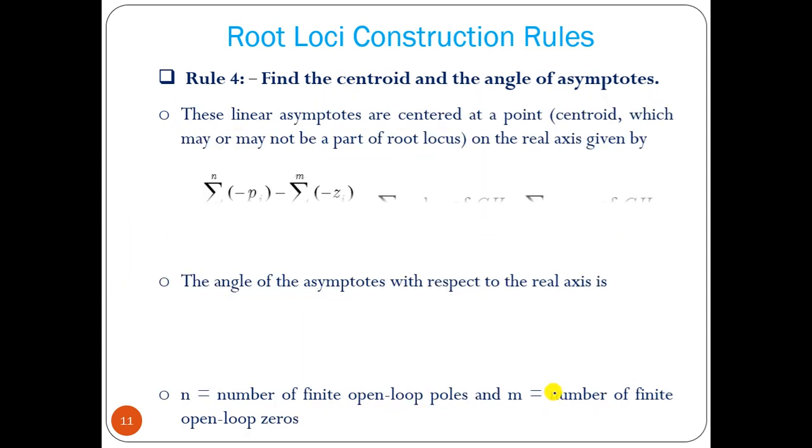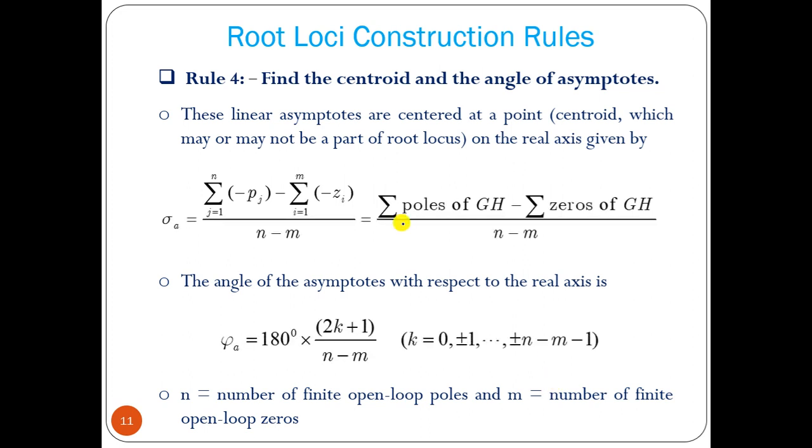Now let us find the formula for the centroid. The centroid formula is the summation of poles of the transfer function minus the summation of zeros of the transfer function, divided by p minus z. Here n minus m means p minus z.